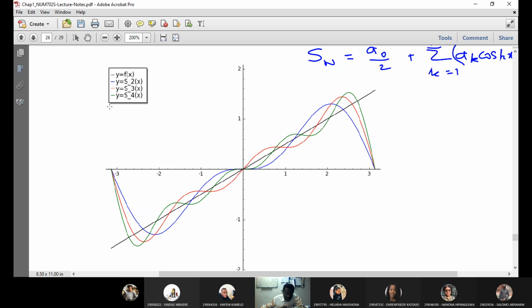And now we increase further, S4 in green. The one in green has more terms, and there are also more oscillations, meaning that they are getting closer, closer, closer, and closer. So you see that as you increase the value of n, it will converge and get closer to that straight line.